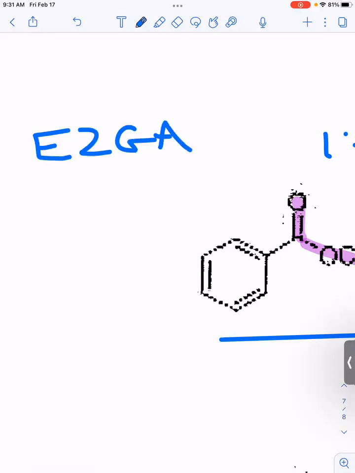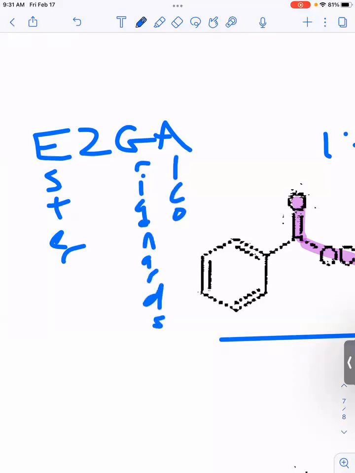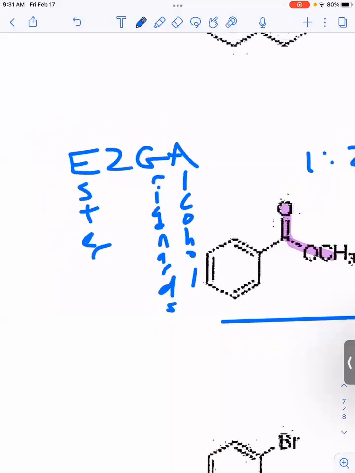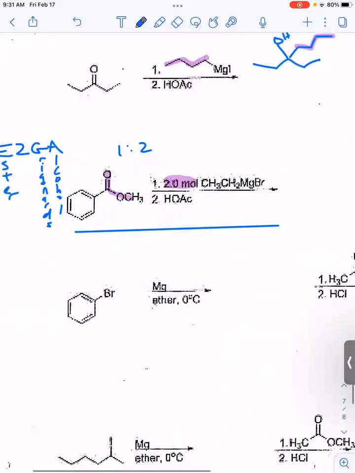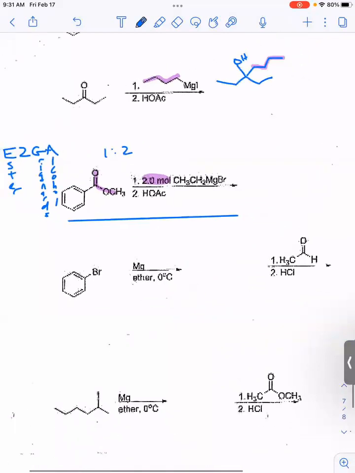All right. Ester plus 2 Grignards will give you an alcohol. So what is this alcohol going to look like?